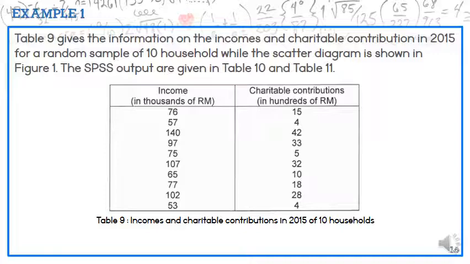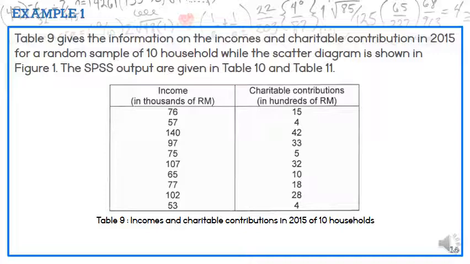From the table, we have two variables, income and charitable contributions. So before we proceed, you should identify which one is the independent variable and which one is the dependent variable.